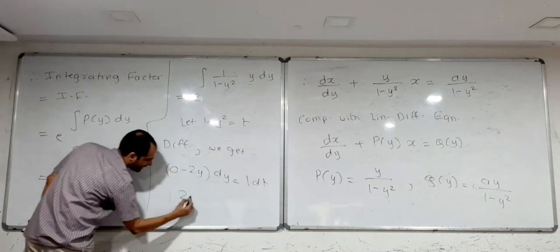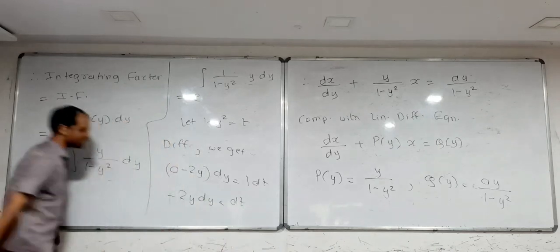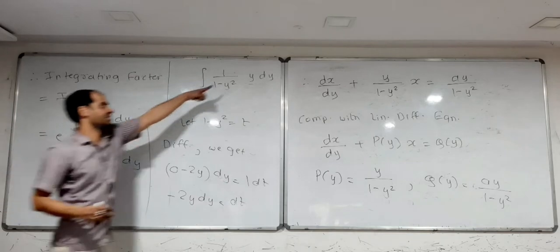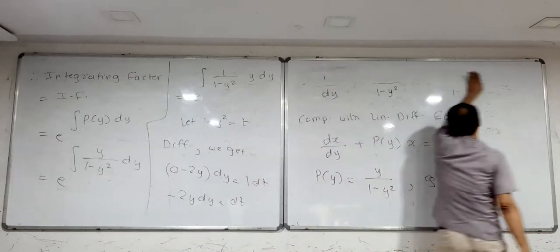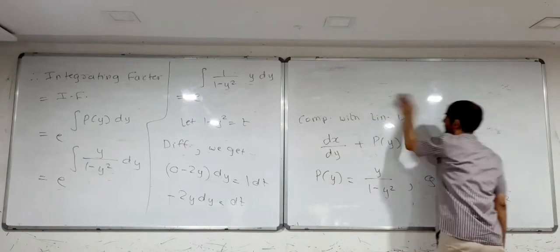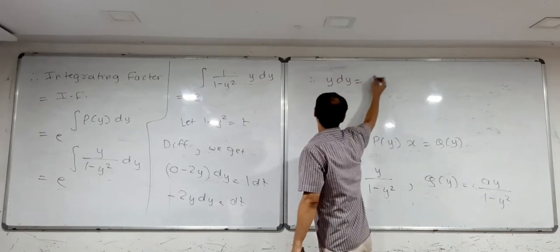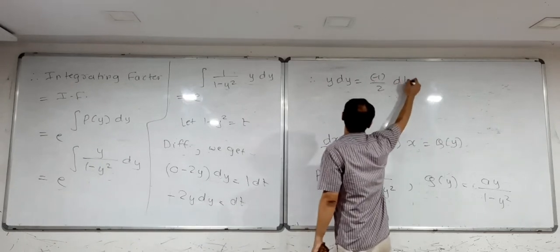So ultimately, what is y dy? I have to substitute y dy, which is minus 1/2 dt. Therefore y dy is minus 1/2 dt.